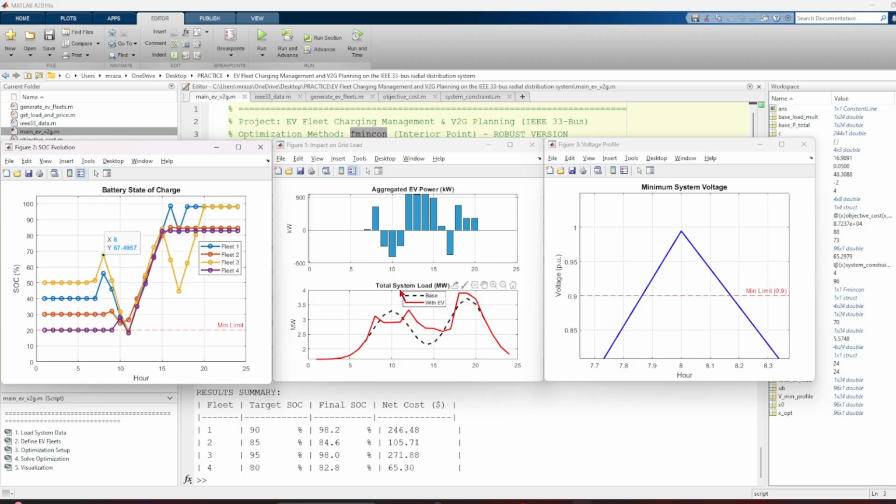In the bottom graph, which is the total system load, the red line is our total system load, and you can see that it peaks higher than our base case. The dashed line is our normal base case, and with the EVs, when our EVs are getting charged, our load increases.